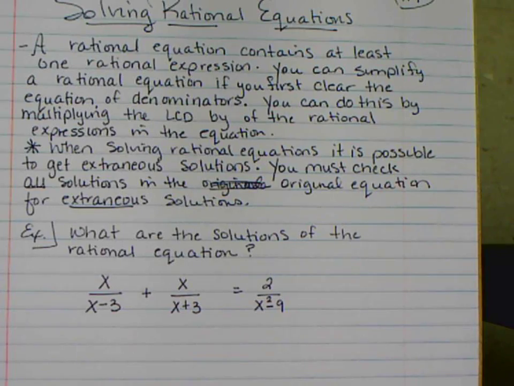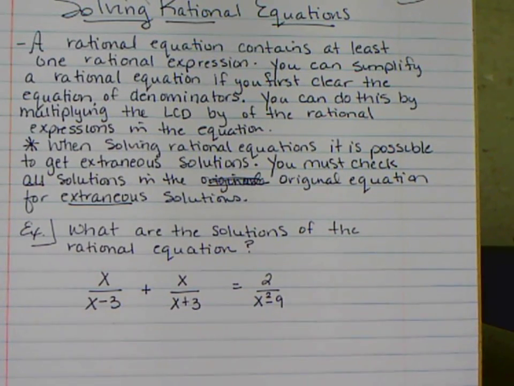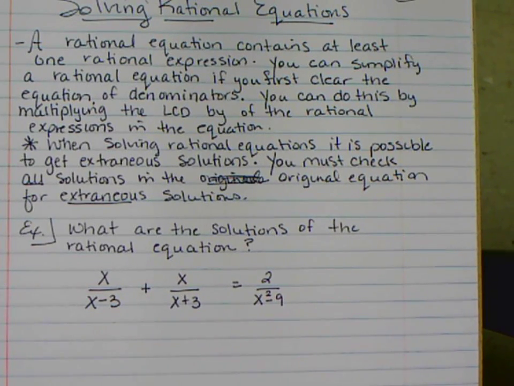Okay, so we have a rational equation because we have rational expressions and there's an equal sign. So we have to figure out how to solve for x. And there's a whole lot of stuff going on, right? So currently our denominators are x minus 3, x plus 3, and x squared minus 9. Sometimes you're going to have denominators that can be factored.